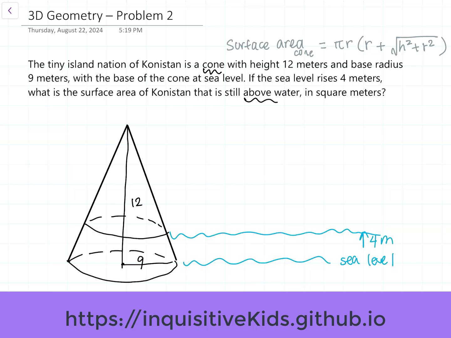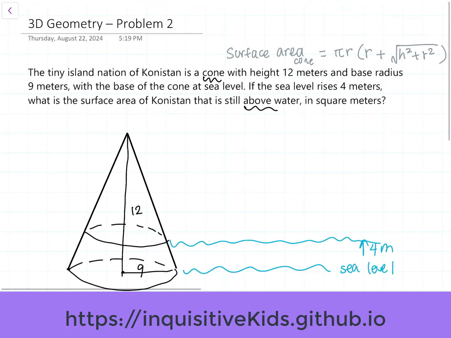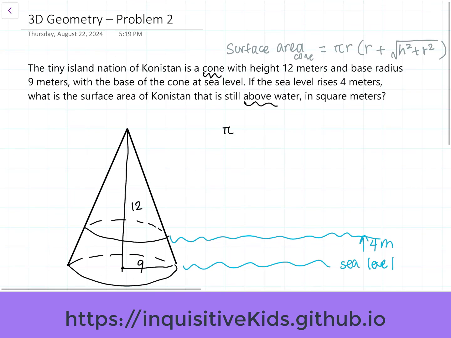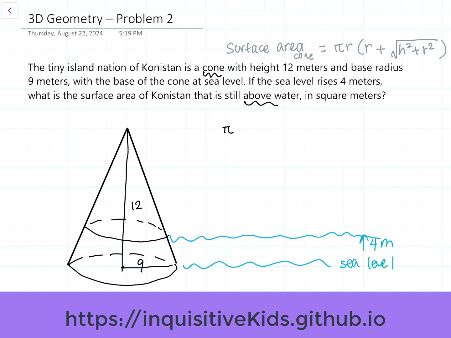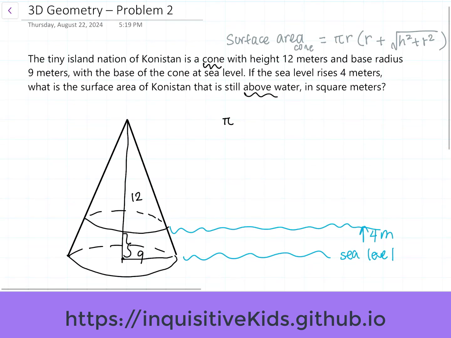And now let's substitute the values into the surface area of a cone formula. So we know it's equal to pi times the radius. We don't know the radius of this small cone. How do we find that? Well, again, here is when similarity comes in. We know that the difference between the heights of these two cones is 4.